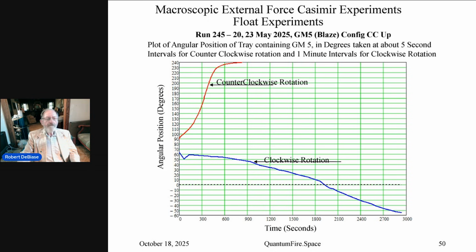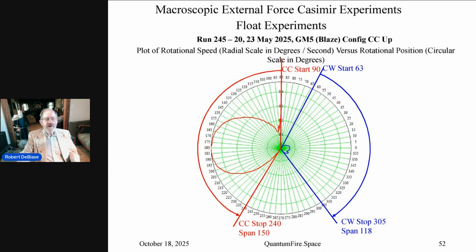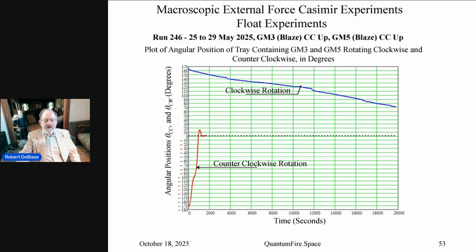Again, you have angular position versus time, angular velocity versus time. And in this case, there's a very large counterclockwise component and a very small clockwise component. This is for GM number 5. Let's see, this here is GM3 and GM5 together.